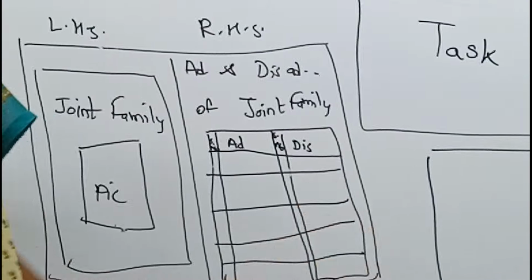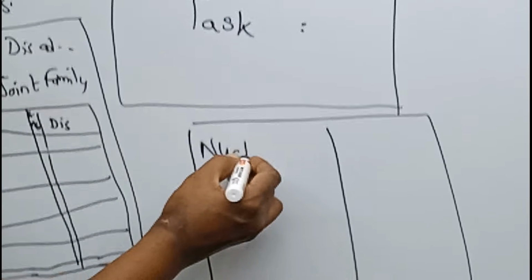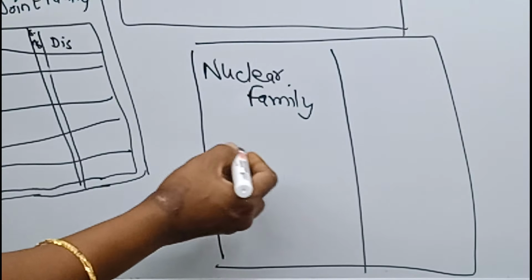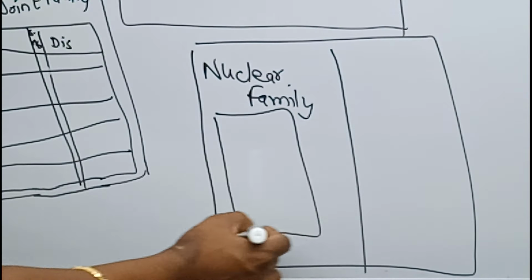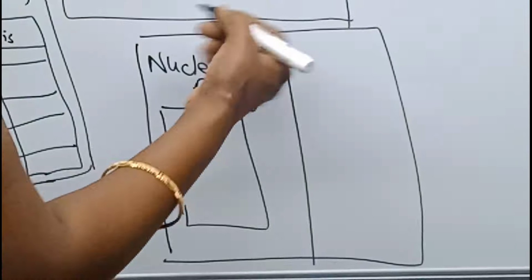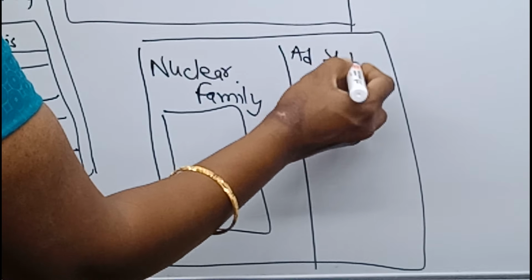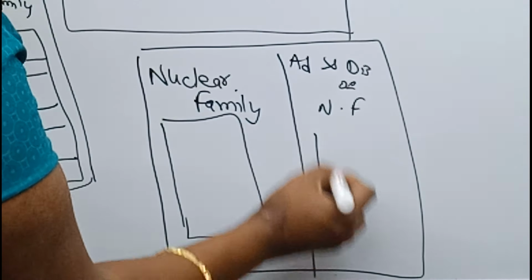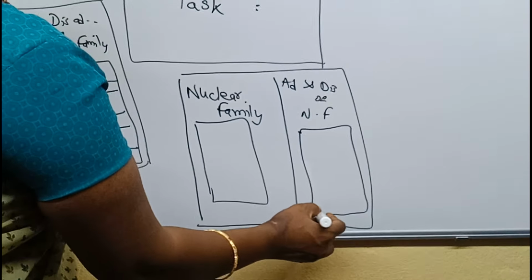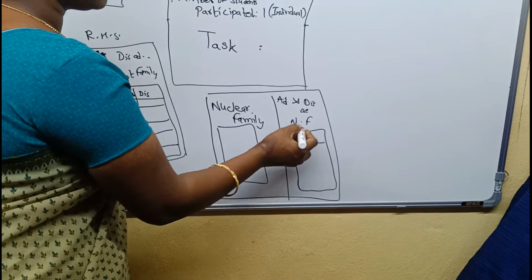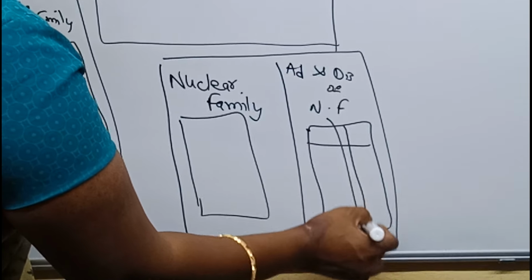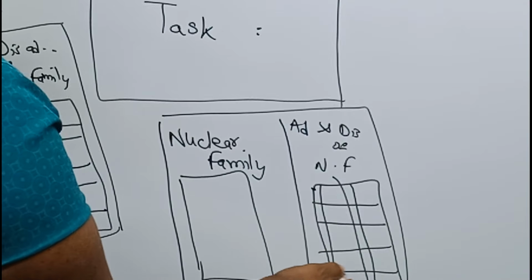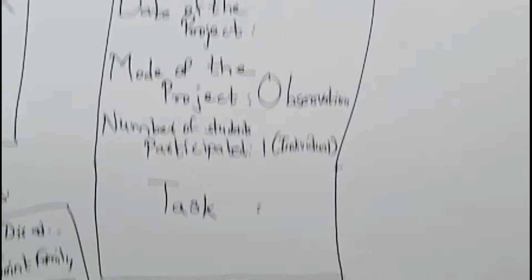So on this side you write nuclear family as the heading, and then paste the picture of a nuclear family, and then again the same way advantages and disadvantages of nuclear family, and then make the tabular column. See to it that the tabular column does not touch the margin. Again the same way, serial number, and the rows depend on how many points you have collected. That's it.